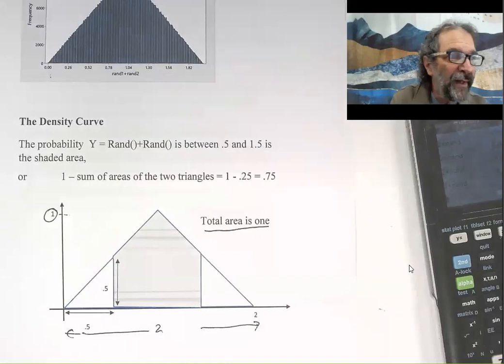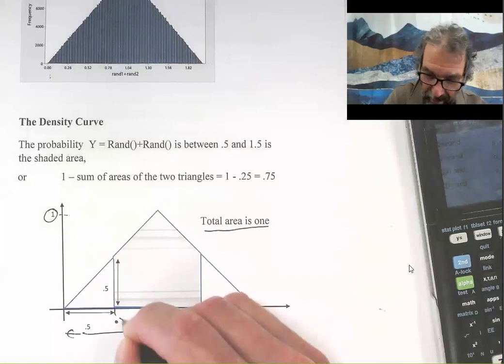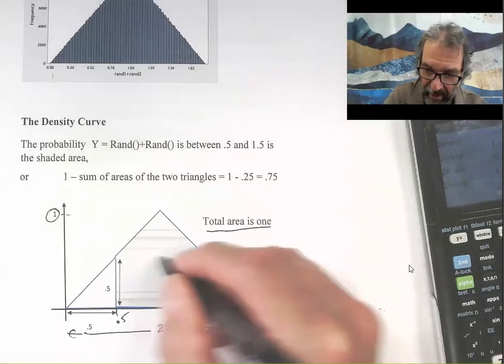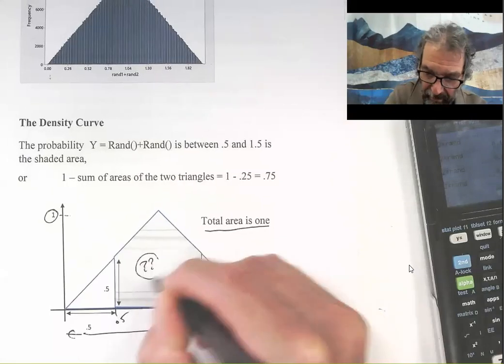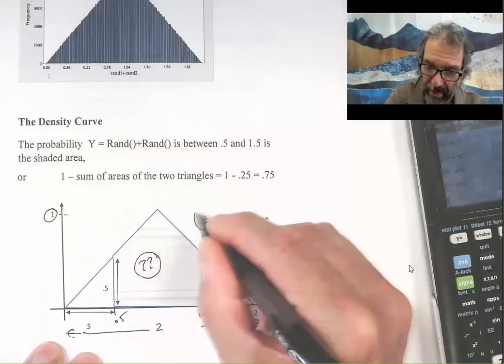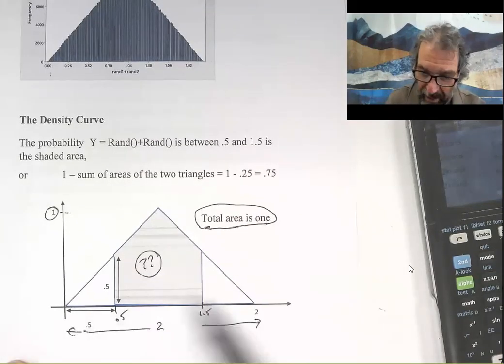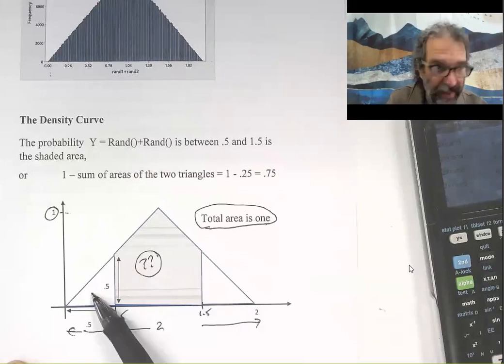We want to find the probability rand plus rand is between 0.5 and 1.5. So here's 0.5 here. Here's 1.5 there. So it's this shaded area here. But the total area is 1. So the sneaky way to get the area would be to look at the area of these skinny triangles on each side. They both are 1/2 by 1/2.